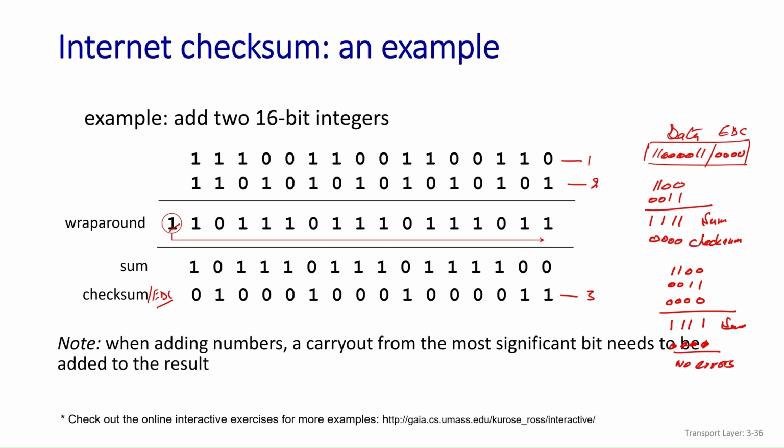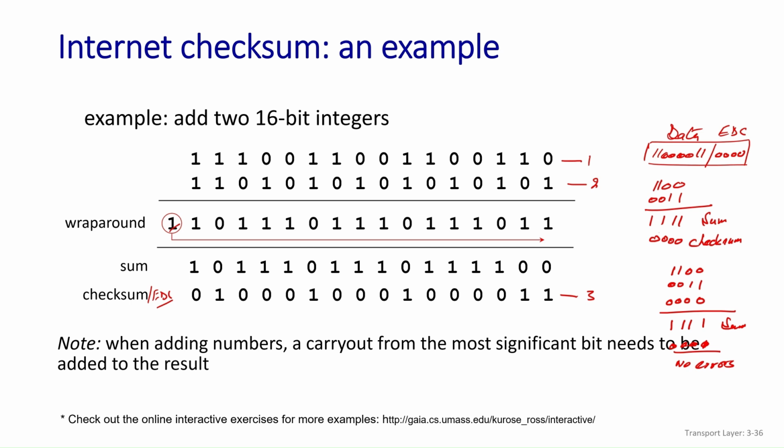Clear? When the receiver adds all these three 16-bit integers, it will get all ones if there is no error, and if we take its checksum it will have all zeros, indicating that there is no error.